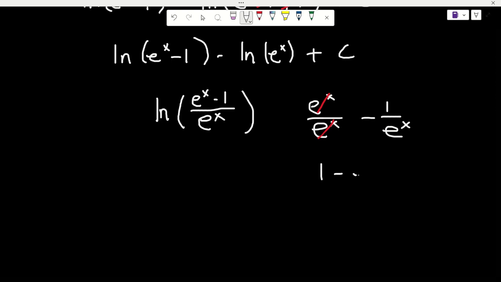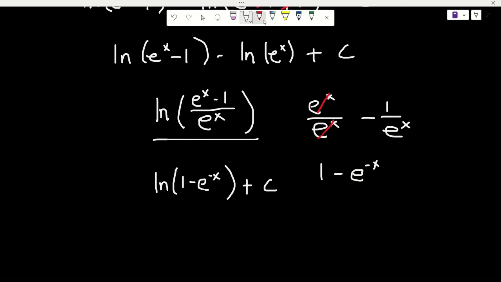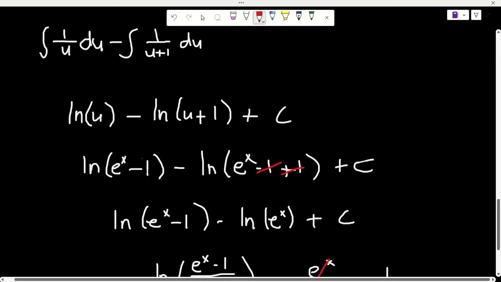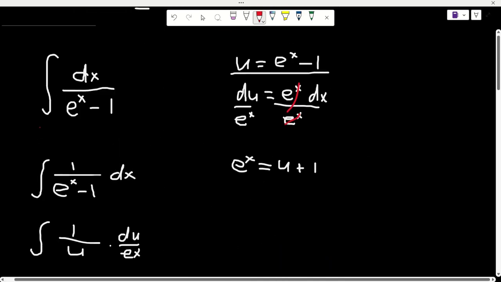But we can write this as e^(negative x). So this one is equal to ln of 1 minus e^(negative x), plus c. Let's not forget the c. So this is the answer. This is the answer for this problem.